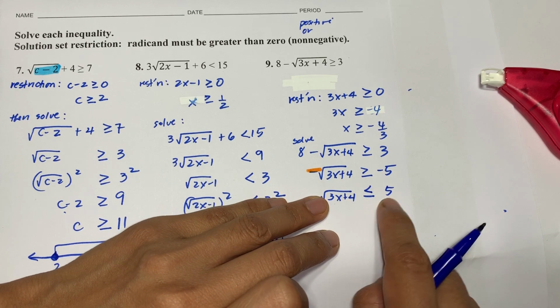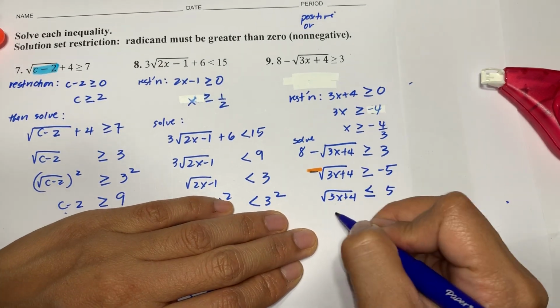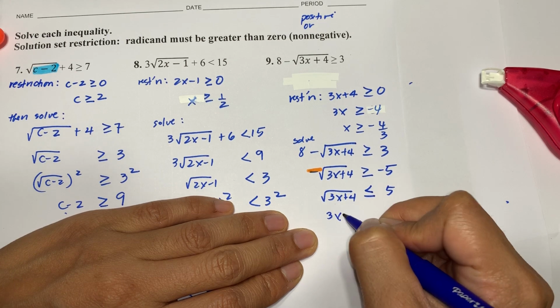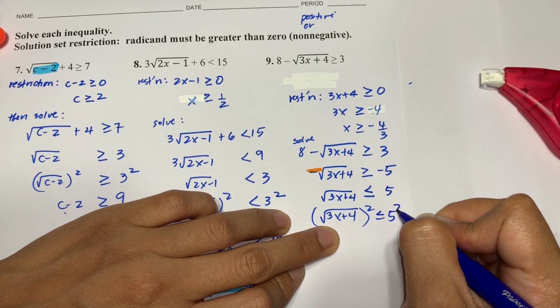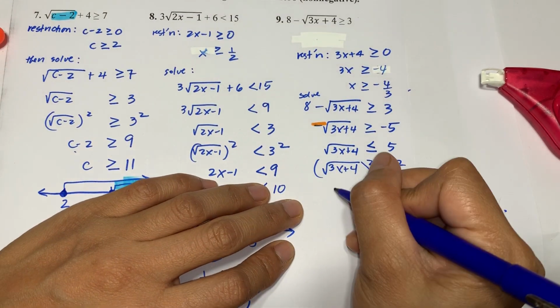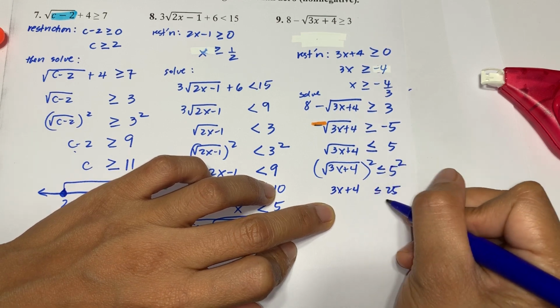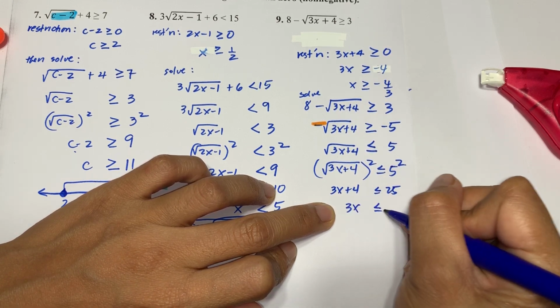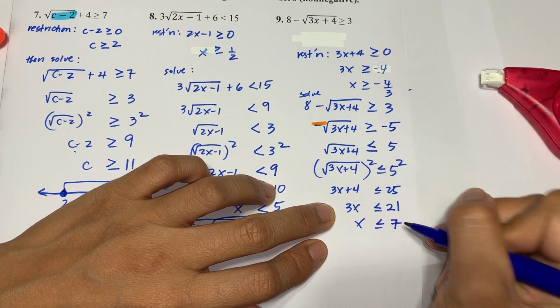Okay, and then you square both sides. So we get 3x plus 4 less than or equal to 25. Minus 4 is 21. Divide by 3 is 7.